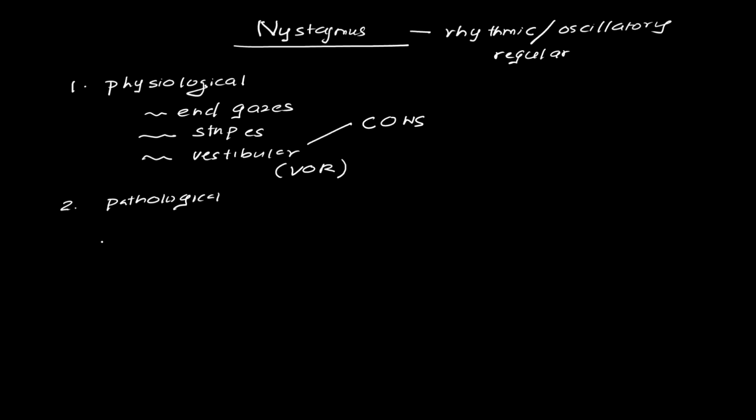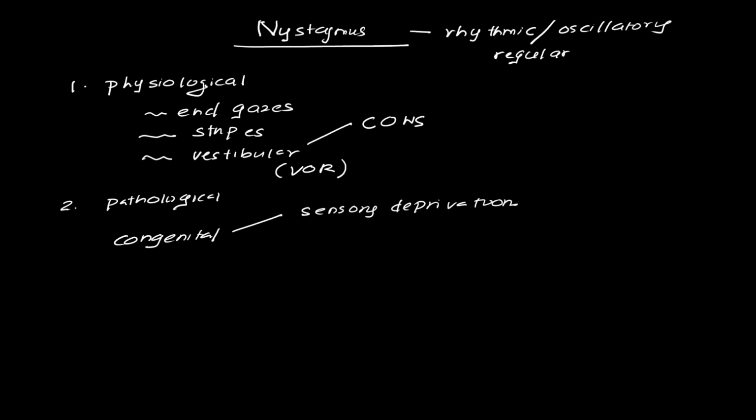I'm not going into detail, but I'm trying to keep this as elementary as possible. There is congenital nystagmus, which is seen in some pediatric patients. This could be due to sensory deprivation, which means that due to certain aspects, the visual pathway is not working well.